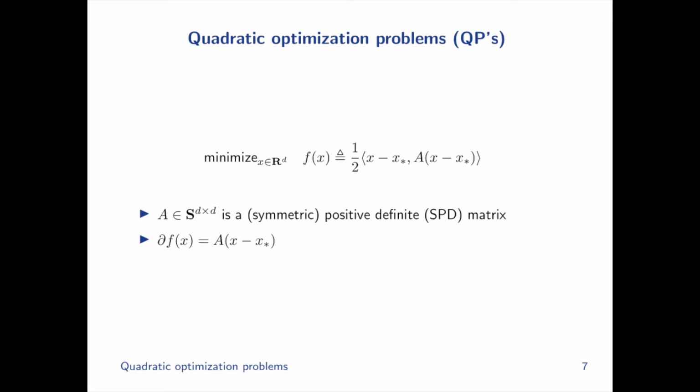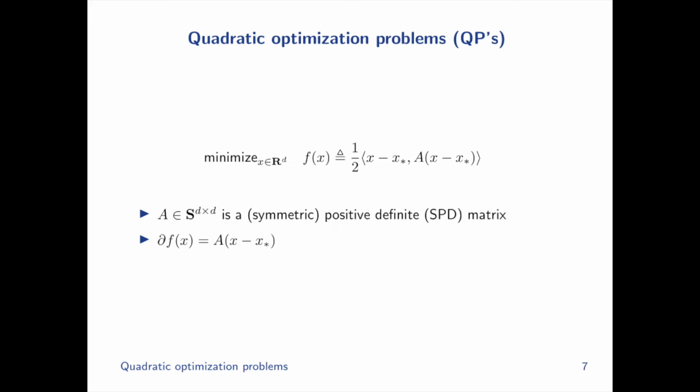This doesn't make much sense for an optimization problem. You really shouldn't be minimizing objective functions that can take the value negative infinity. So we rule this out by assuming that the matrix A is positive definite.